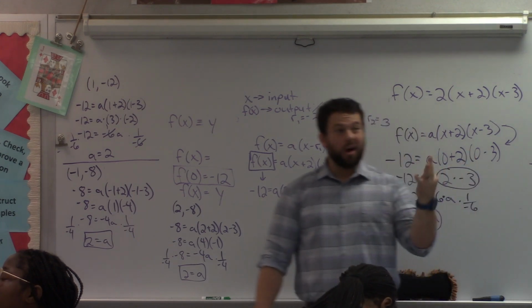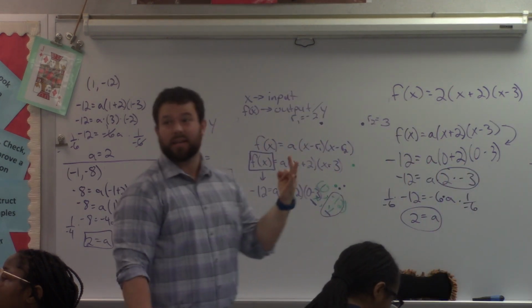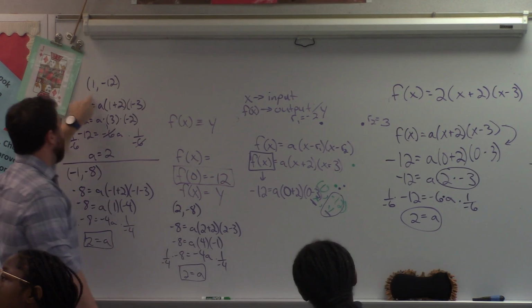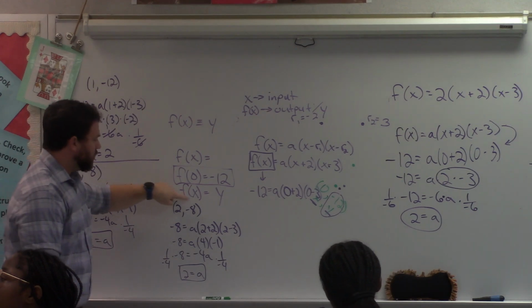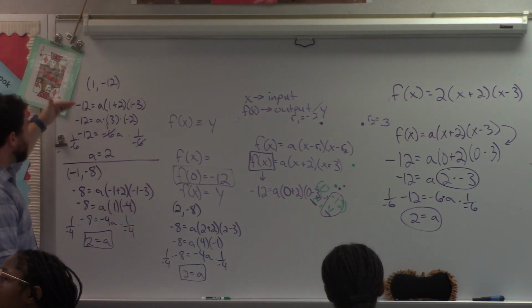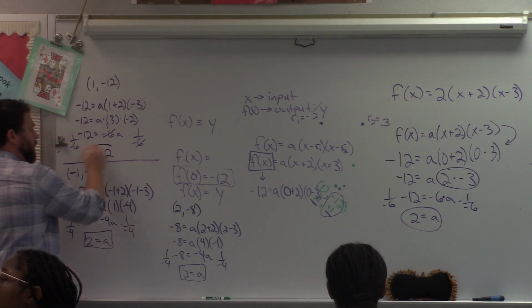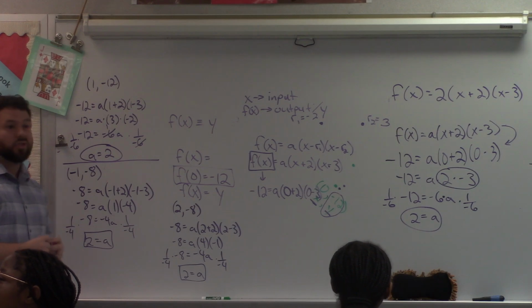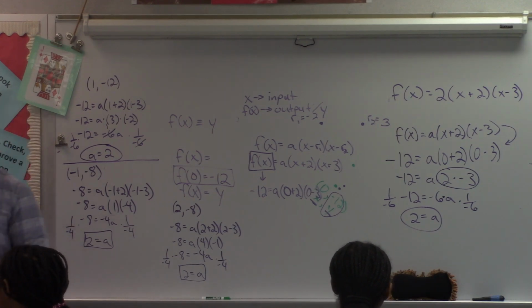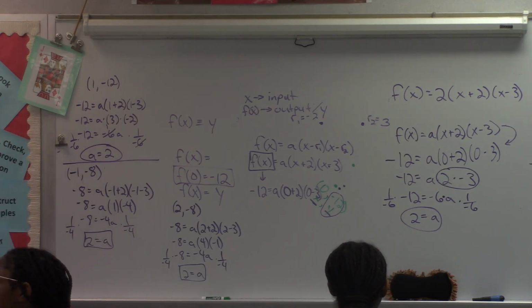But there are 3 other clear points that I can see in that graph. I can see the point 1, negative 12, I can see the point negative 1, negative 8, and I can clearly see 2, negative 8. And no matter which one I used, at the end, when I finished solving, what did I get for A? So does it matter which point you use? Not really. It's the same function, isn't it?